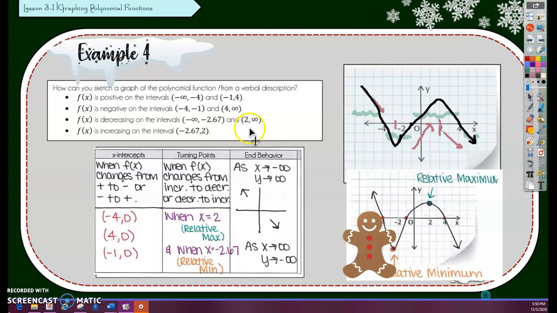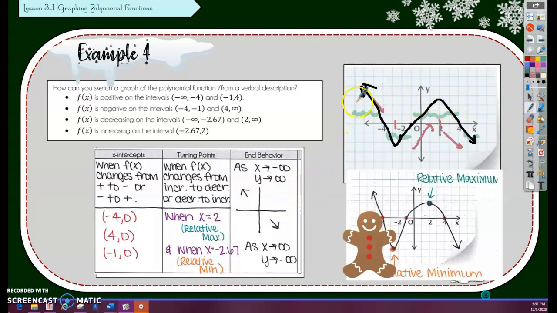And we do know what happens as x goes to positive infinity. Let's start there. As x goes to positive infinity, our graph goes down towards negative infinity for the y value. But also as x goes backwards, as x goes to negative infinity, the y values get higher and higher here. So we would say y goes to positive infinity.